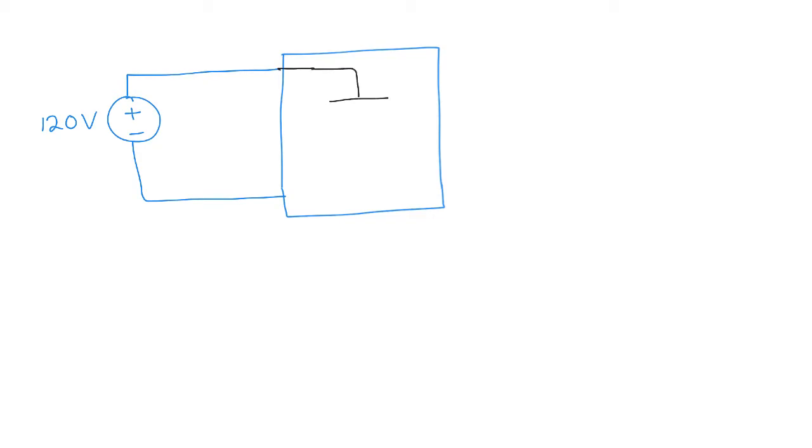This electrical device is plugged into a power supply, which I'll draw like this, and this power supply is 120 volts. The power supply goes to the electronic device, through the casing, into a circuit that is internal, inside the casing.